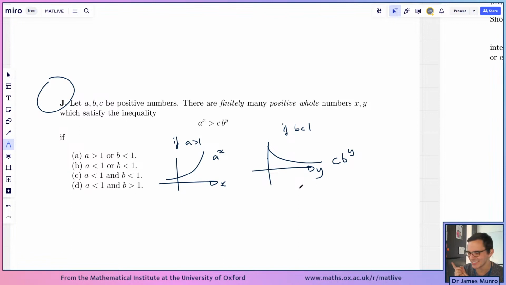This is terrible, because then it's just almost always true. So there are infinitely many solutions in this case. Not what we wanted.